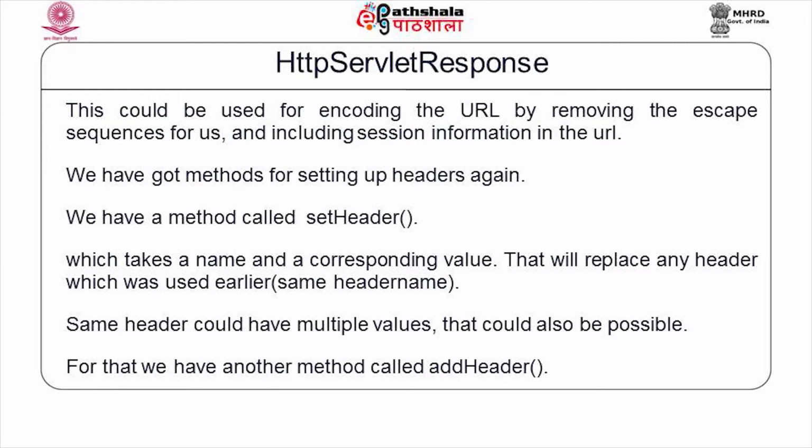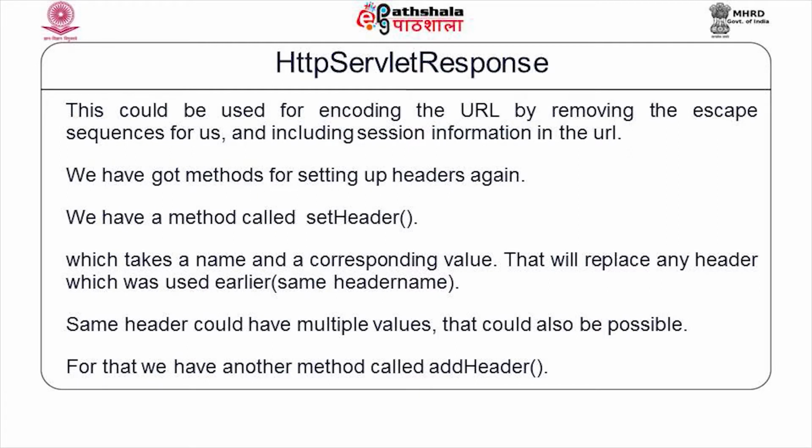We have methods for setting up headers again. If you want to set up headers, we have the method called set header, where we give a header name and a corresponding value. That will replace any header if the same header was used earlier. But the same header with multiple values could also be possible. So, for that we have another method called add header.